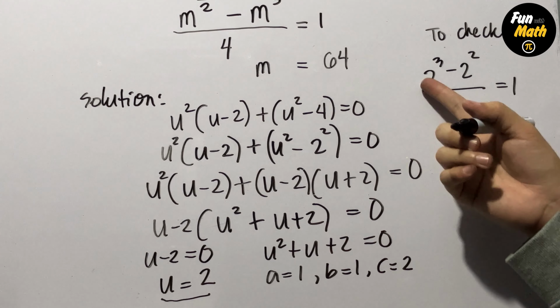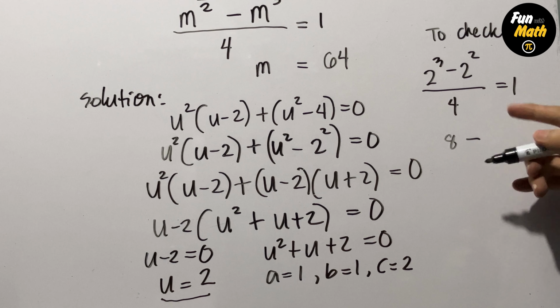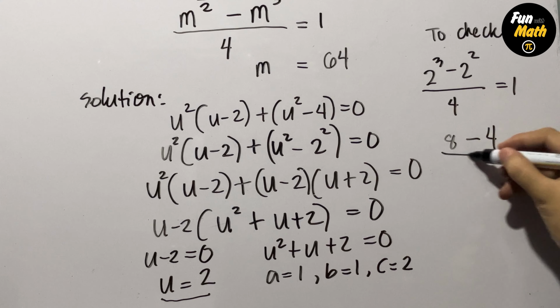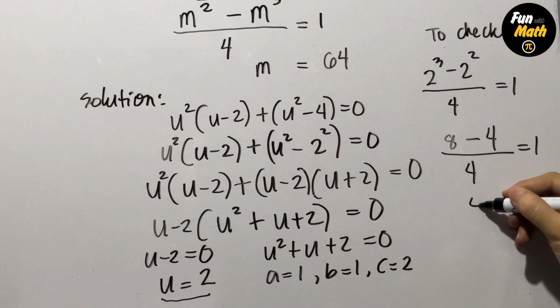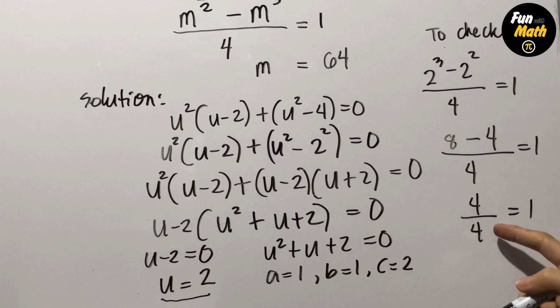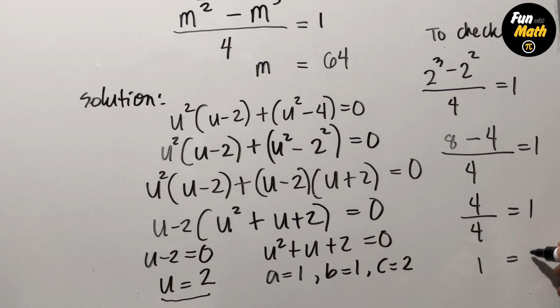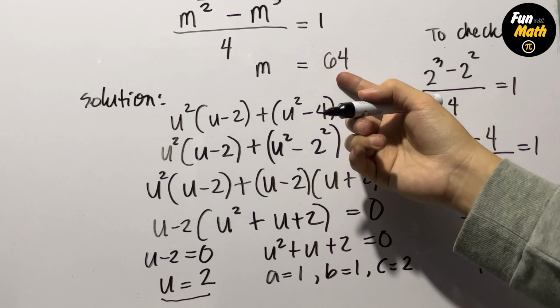Now to continue, we have 2 cubed, that's 8, minus 2 squared, that's 4, all over 4 equals 1. 8 minus 4 is 4, over 4 equals 1. 4 divided by 4, that's 1, then equals 1. So 1 equals 1. They are equal. So check. Therefore, the value of m, which is 64, is correct.